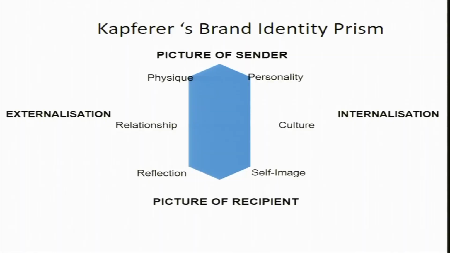So, now let us look at this complete picture of the brand identity prism. You can see that it can be divided into 4 parts. One part is the picture of sender and picture of recipient. On the other side, we have internalization and externalization.